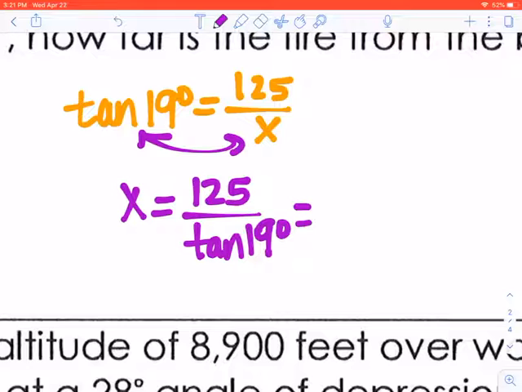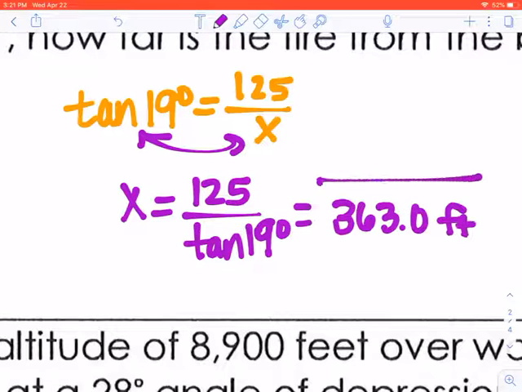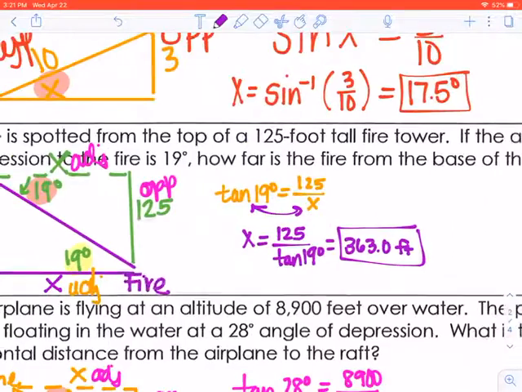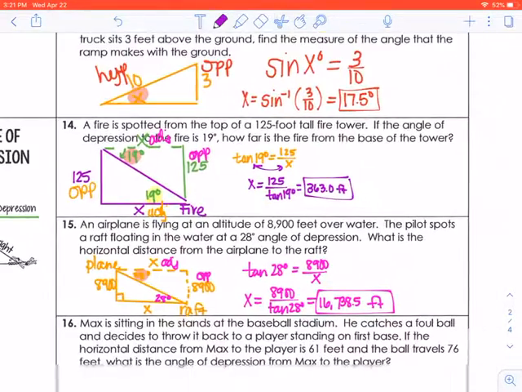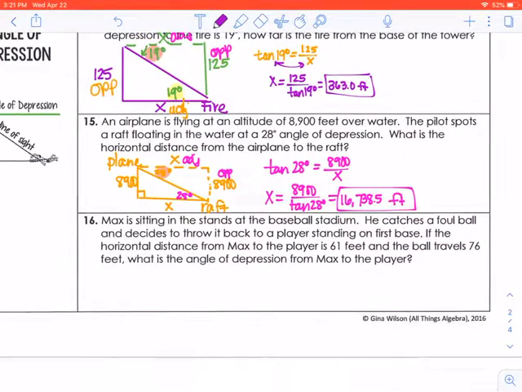And you get 363.0 feet. Remember, we're rounding to the tenth place. And so that's an angle of depression. You're going to create, again, that rectangle or use alternate interiors. One more problem. You can try number 15 on your own, but one more problem and we will be done.